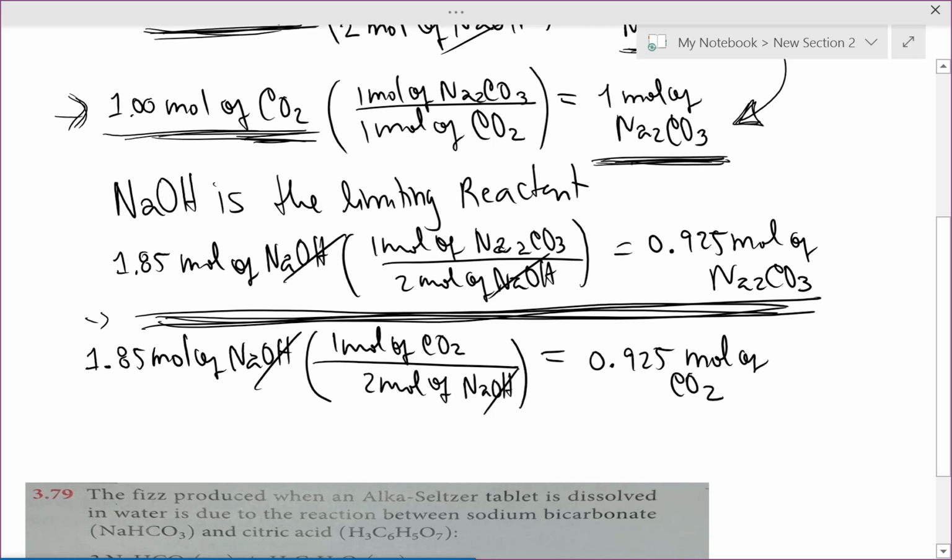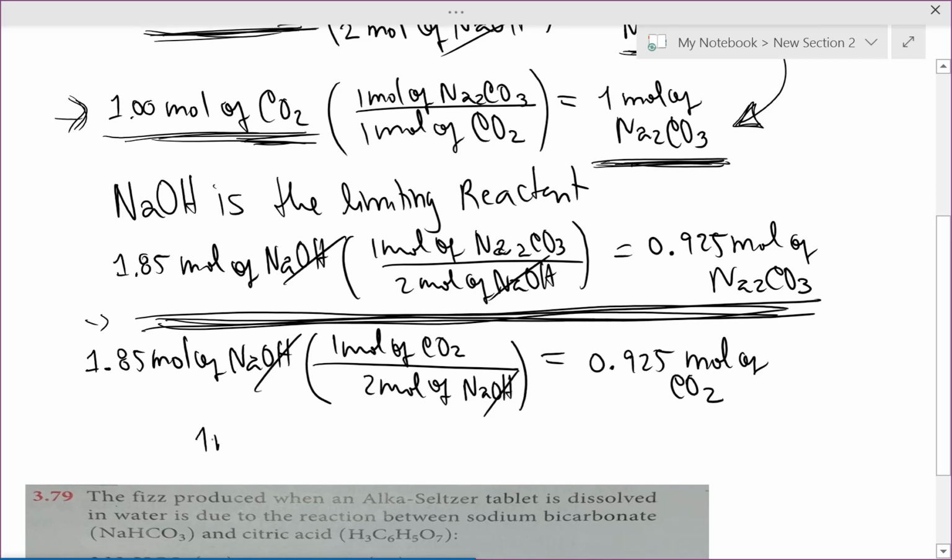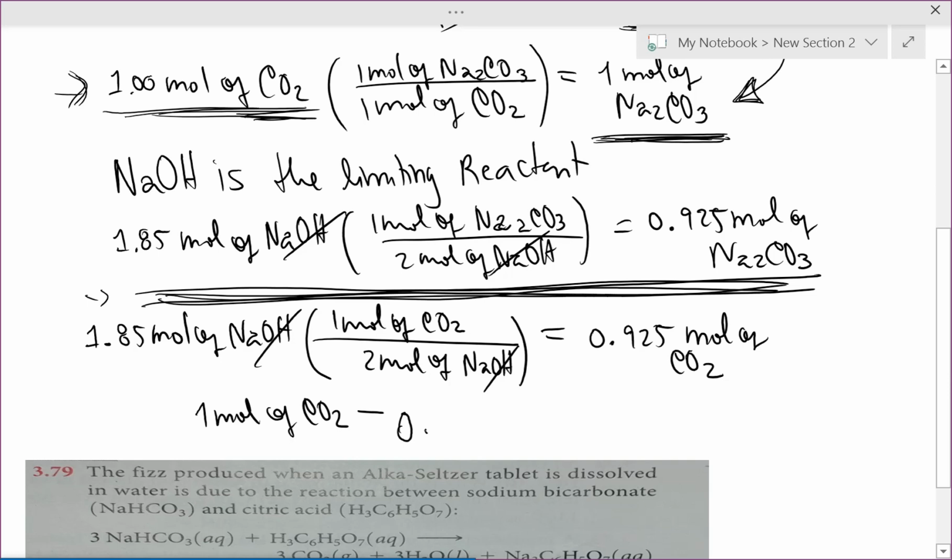So now we just need to subtract the 0.925 moles of carbon dioxide that we got after the reaction went to completion from the 1 mole of carbon dioxide that we had at the beginning, and this is equal to 0.0073 moles of CO2.